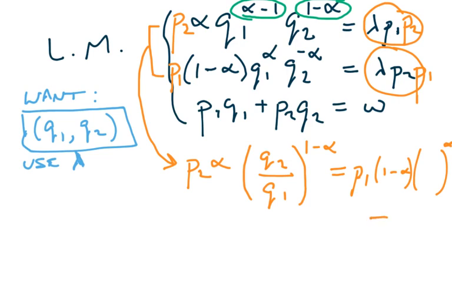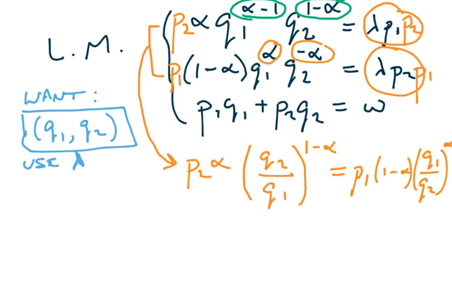And the quotient here is going to have q1 in the top, since that's the one that has a positive alpha exponent right there, and q2 downstairs because q2 has the negative alpha exponent. All right. So we've got quotients of our quantities, q2 over q1 on the left-hand side, raised to a power, 1 minus alpha, and then q1 over q2 raised to the alpha power on the right-hand side.